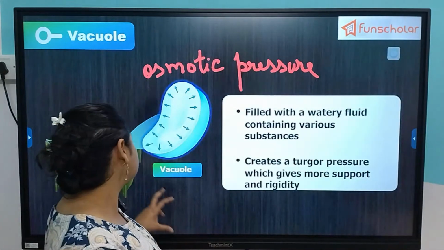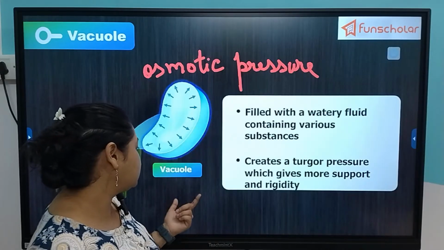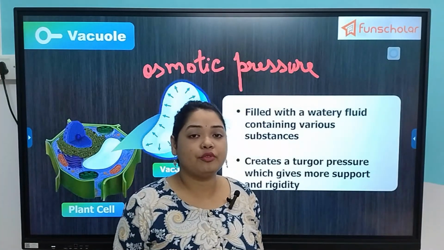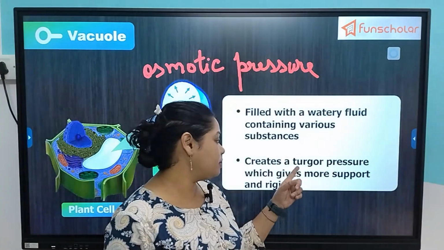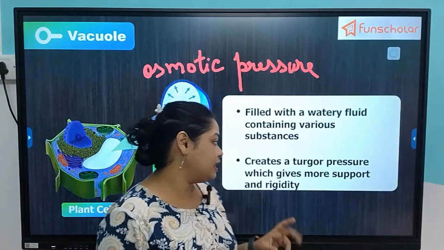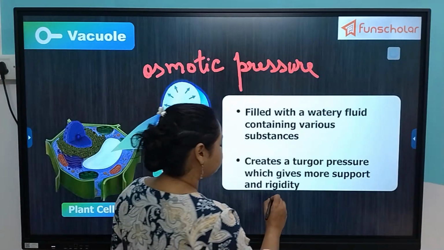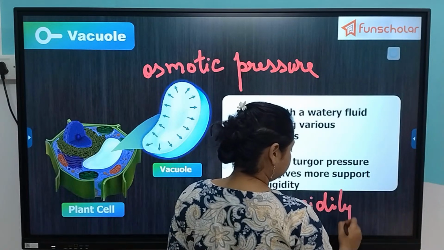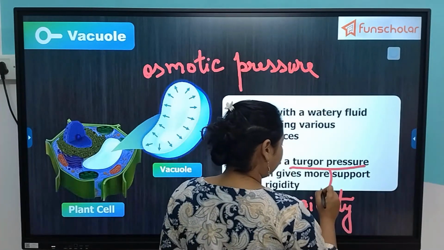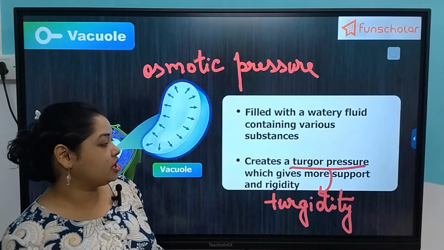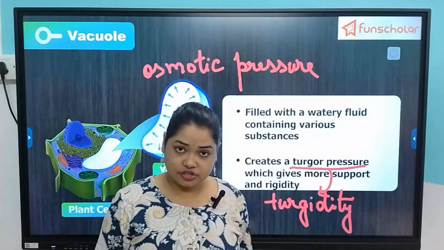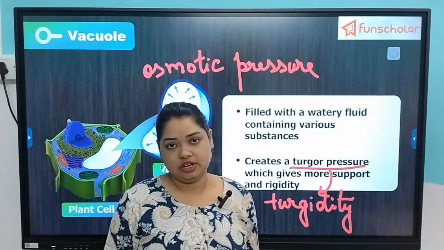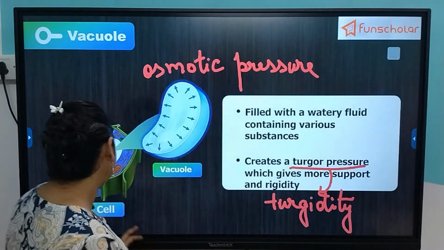So therefore, since the vacuole occupies almost half of the space of the plant cell and contains the cell sap, it provides an opposite directional pressure, that is the turgor pressure. That is why it provides turgidity to the structure of the plant cell. Turgor pressure provides turgidity. So this pressure helps to maintain the cellular structure against the osmotic pressure, since it is in opposite direction. So these are the important functions of vacuole.